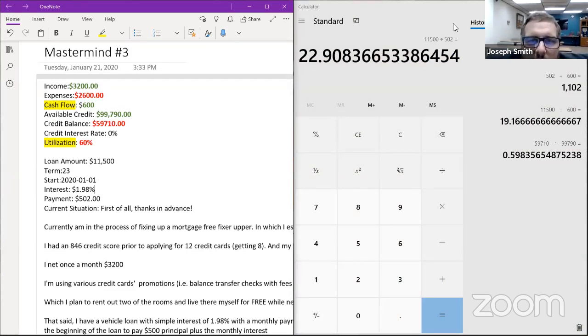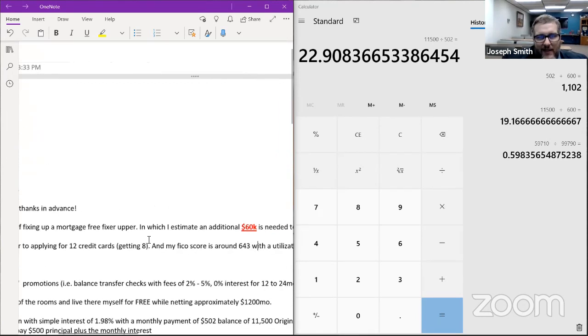We have someone saying don't do the car, it's 1.98%, and they're trying to finish the fixer. Yeah, as we prioritize things here and we look at the fixer, to me, this is the real conundrum of this one.